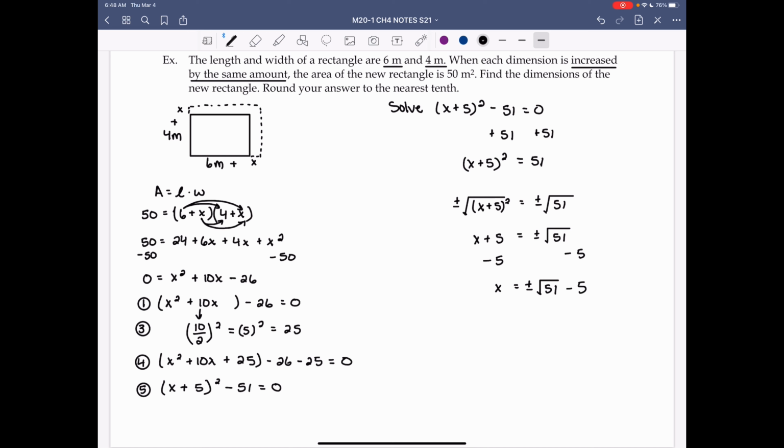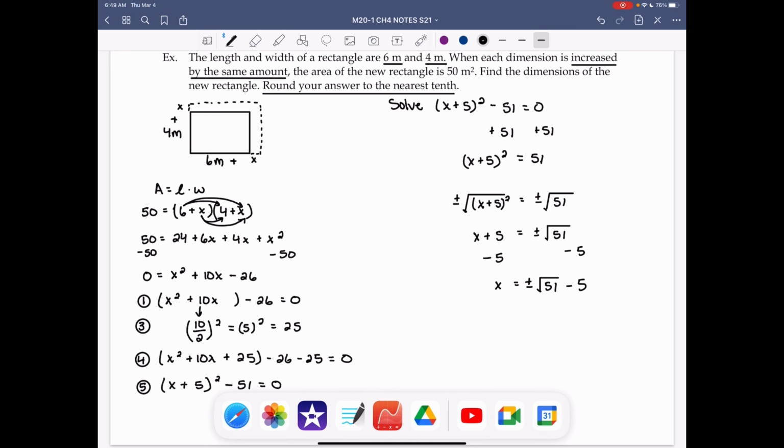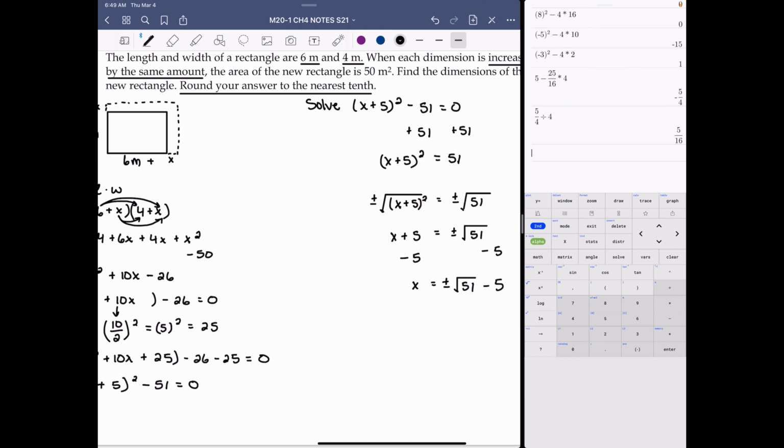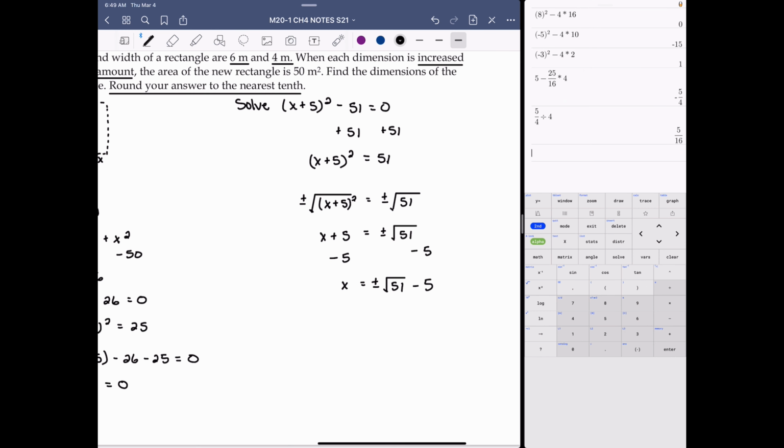From here, we don't need to check if we can simplify because the question says round your answer to the nearest tenth. So it's telling us that we are not going to give an exact value answer. We're going to actually calculate this. So now we just bring up our calculator. We have the positive square root of 51, and then move out of the square root and put minus 5.